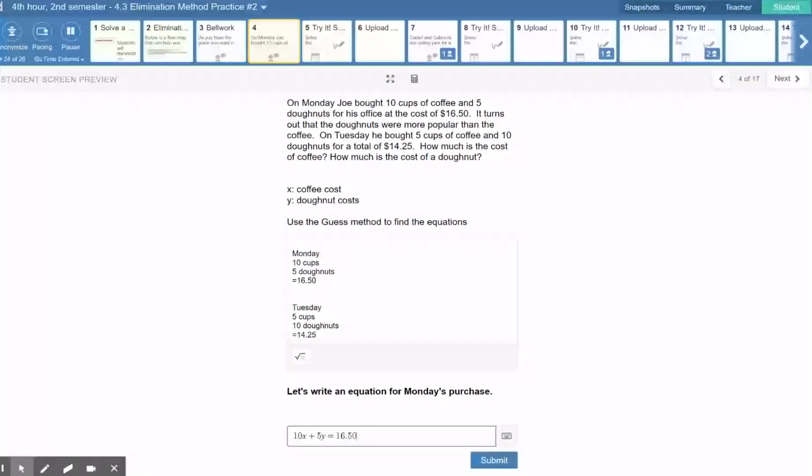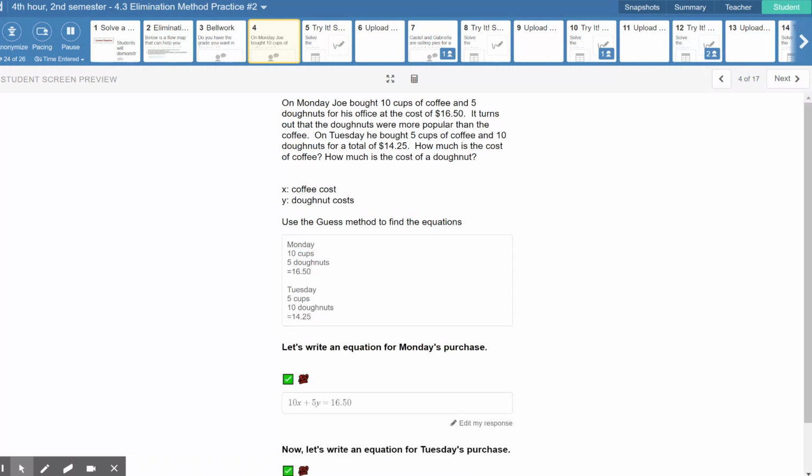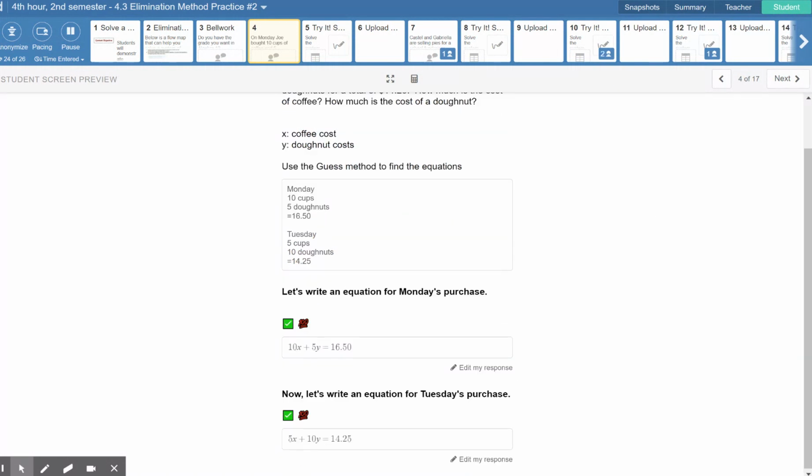So we have an equal sign and we have the X's and Y's on the left. We want that because we want it to be in standard form. And then if we type in 5X plus 10Y equals $14.25, that will get us our second equation.